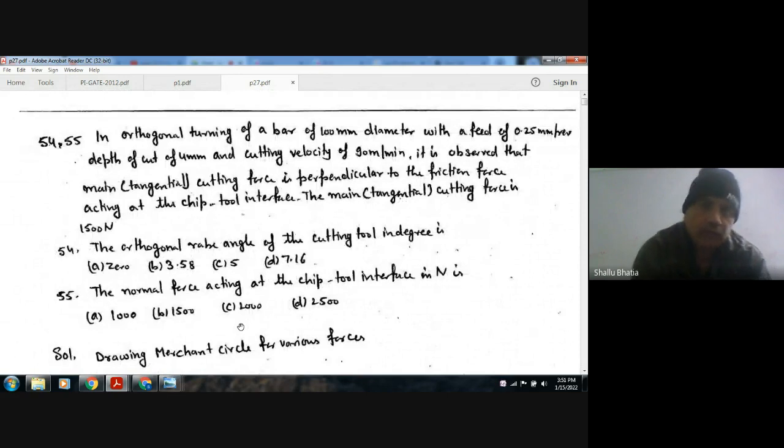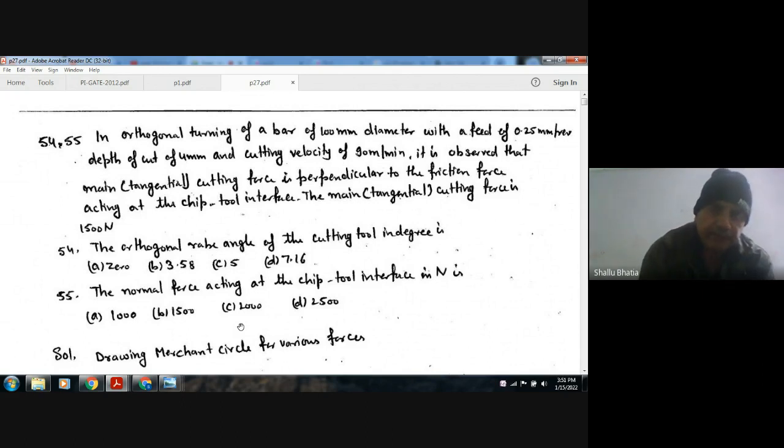Next, questions number 54 and 55. In orthogonal turning of a bar of 100 mm diameter with a feed of 0.25 mm per revolution, depth of cut of 4 mm and cutting velocity of 90 meters per minute, it is observed that the main tangential cutting force is perpendicular to the friction force acting at the chip-tool interface.